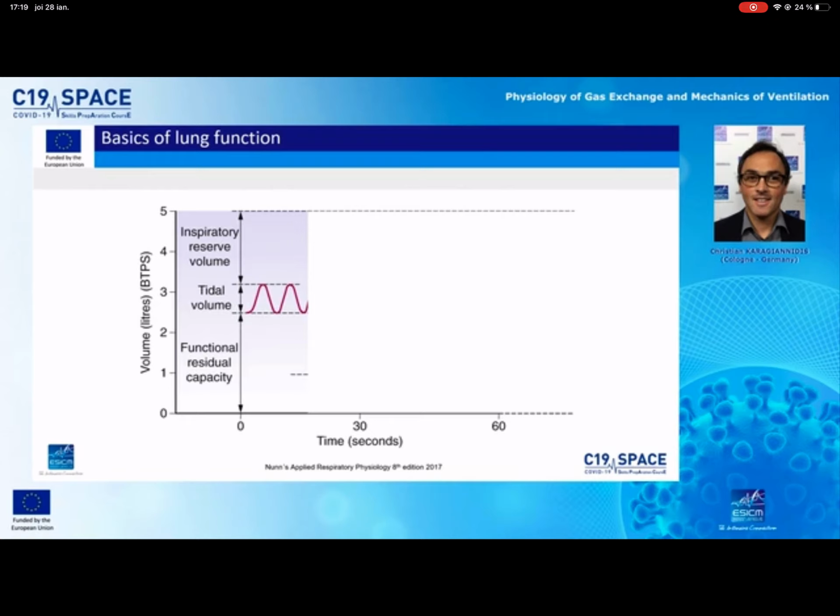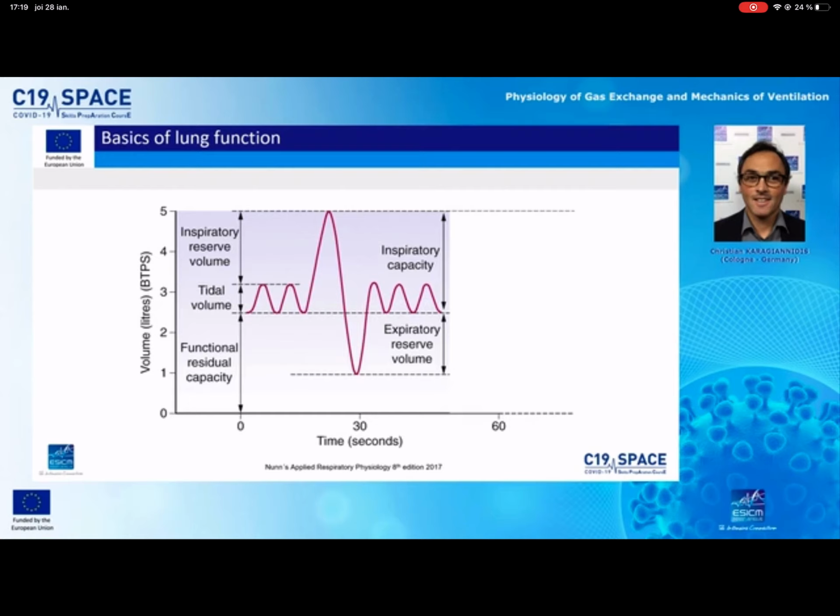Beginning with this normal breathing, you can do a very deep inspiration. This volume, which is mobilized during deep inspiration, is called the inspiratory reserve volume. If you expire then, until you cannot expire more, you have a certain volume which is below the usual tidal volume, and we call that the expiratory reserve volume.